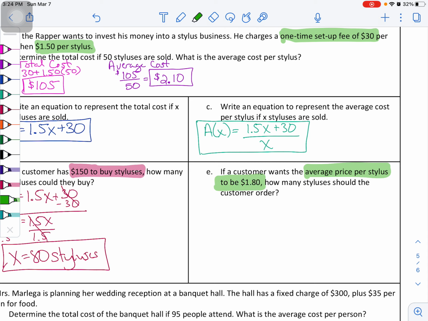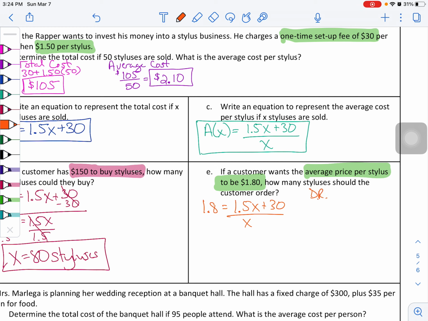Part E, if a customer wants the average price per stylus to be $1.80, how many styluses should the customer order? So this one is an average cost, which means I'm going to use the average cost equation here.